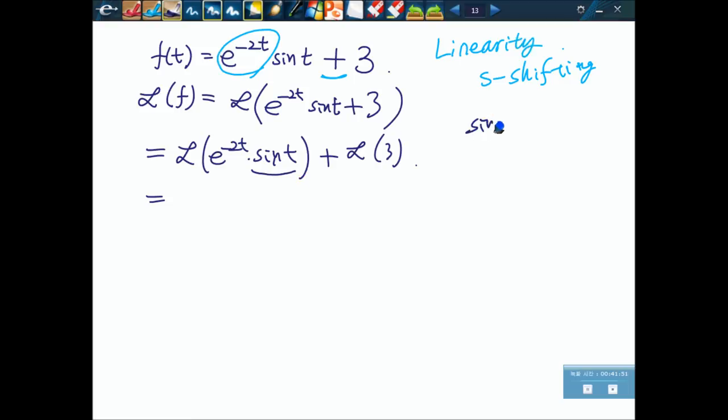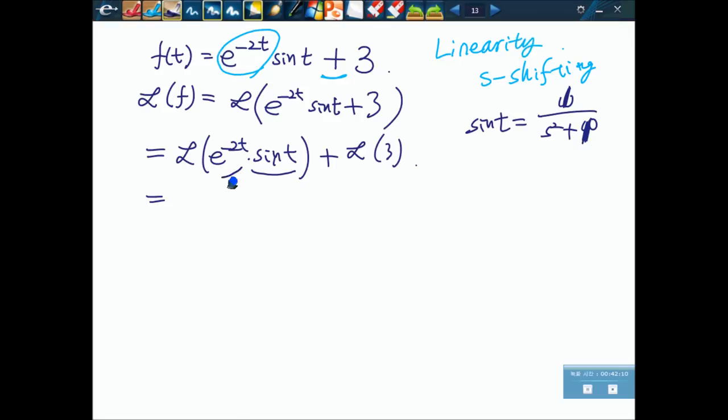Sine t is what? Omega over S squared plus omega squared. And omega is in this case 1, so it's 1 over S squared plus 1. That's the usual, normal sine t.